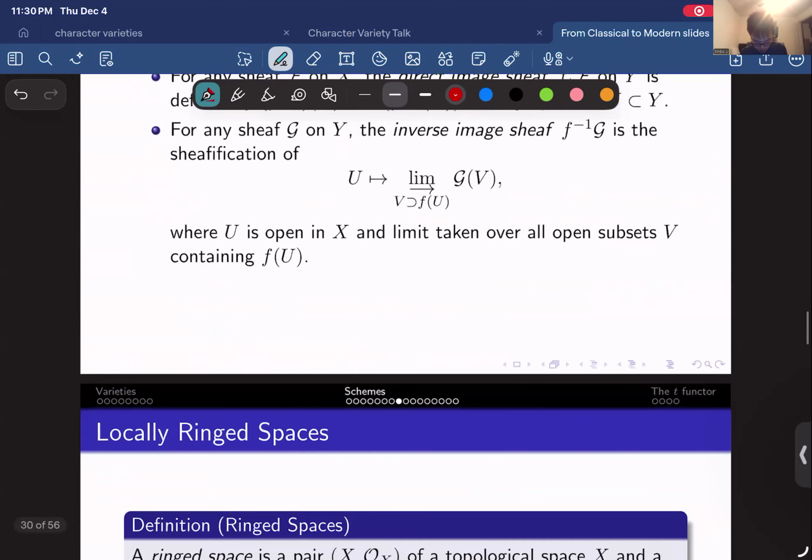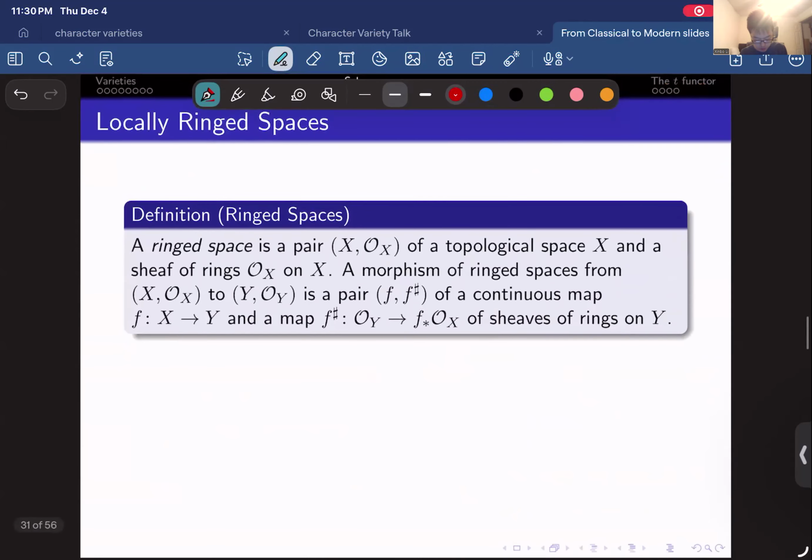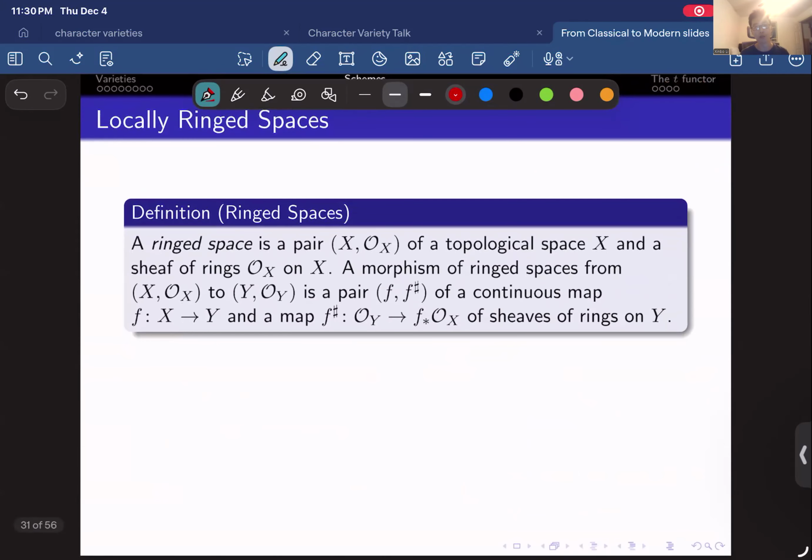Okay, let me define ring spaces. A ring space is just a pair of a topological space X and a sheaf of rings O_X on X. A morphism of ring spaces between two ring spaces is a pair F sharp of a continuous map F from X to Y and a map F upper sharp from O_Y to F lower star O_X, the direct image sheaf, a map of sheaves of rings on Y, so that you can compare.